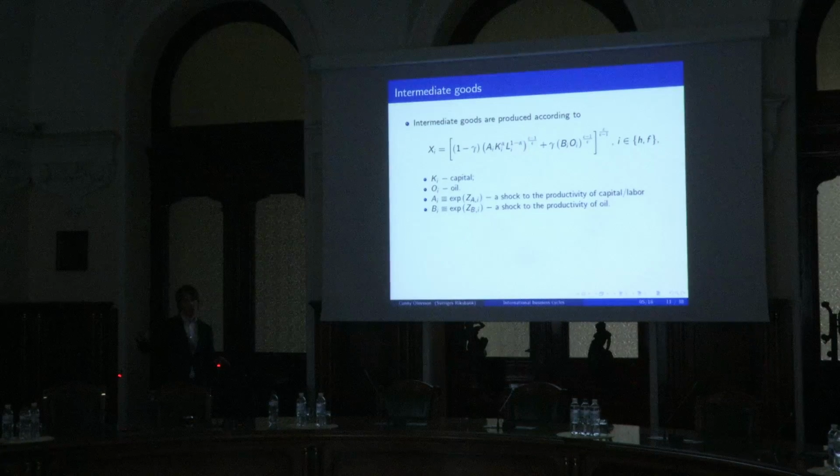You can see what they look like. The A thing is like a TFP thing, basically. It looks like a Solow type shock. So over time, it would grow. And the B captures energy efficiency. So that means that it will also grow over time. And as I said, we measure this in another paper, and you can see how it responds to different things.